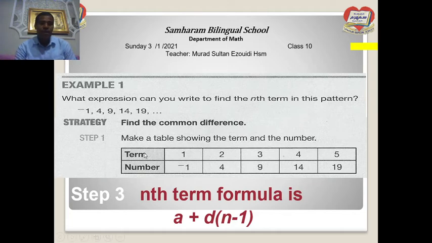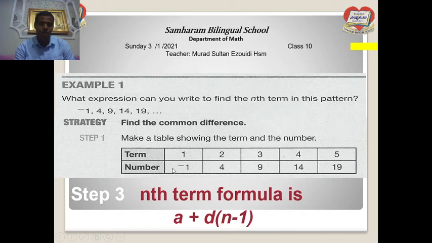And here step number 3 is dealing with the nth term formula, which is a plus d times n minus 1. A is the first term, d is the common difference.